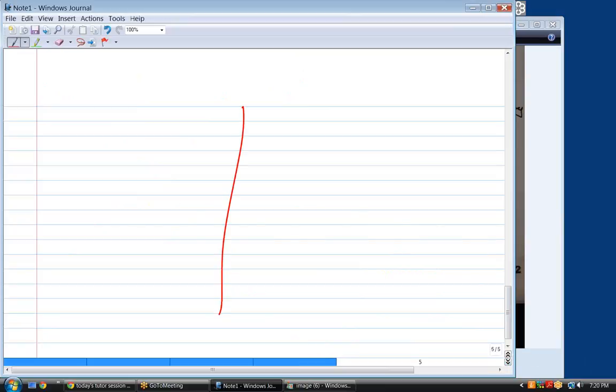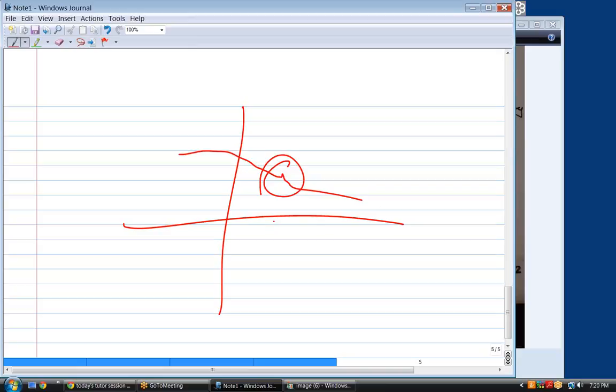If I have a function going like this and there's a little blip like that, that's a local max. That's a local extrema. Why? Because I have a point right there and a point right there that are below that little peak. So that's all you need for local extrema.